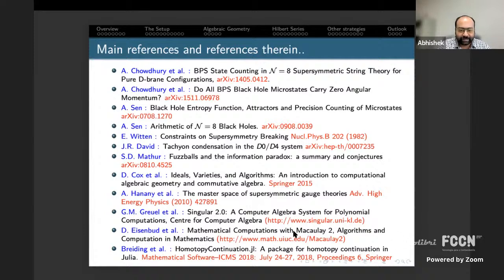They basically developed the mathematics for it, and parallelly, with a delayed phase, algorithms also got developed. So for the exact Hilbert series computation, I will be mostly using Singular or Macaulay, and for the numerical ones, homotopy continuation is a very good package now written in Julia to do this in a very reliable and efficient way. This is completely parallelizable. So if I scale my computational system, things will scale.